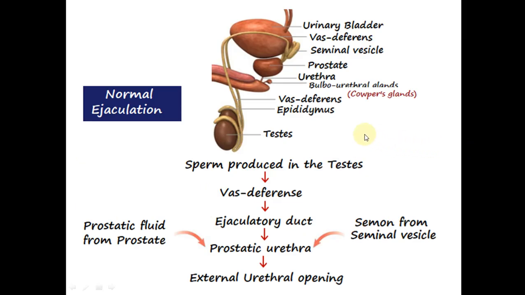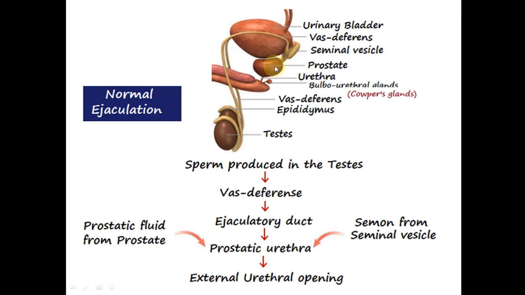We know that the spermatozoa become mature in the epididymis and travel through the vas deferens, and here the ductus deferens joins the excretory duct of the seminal vesicle, which carries the semen, the major portion of the male semen, and then they open into the prostatic urethra along with the prostatic excretory ducts.